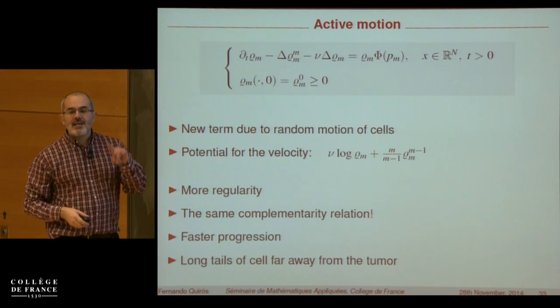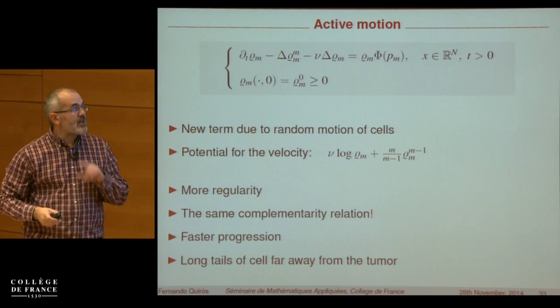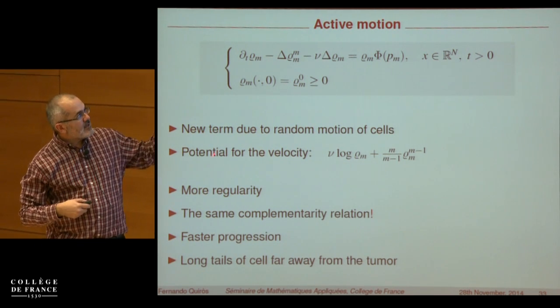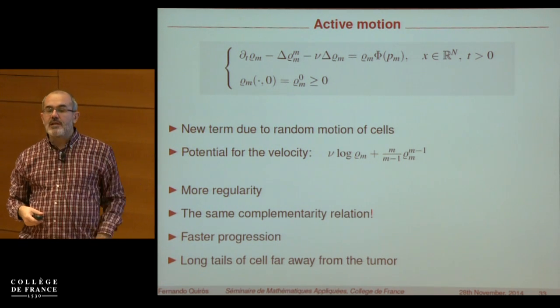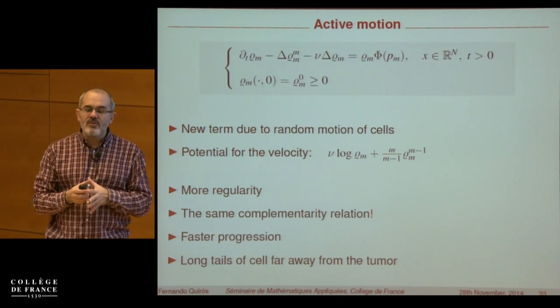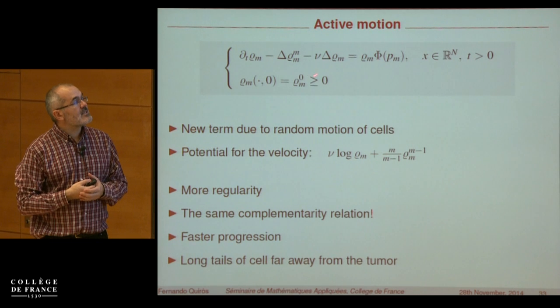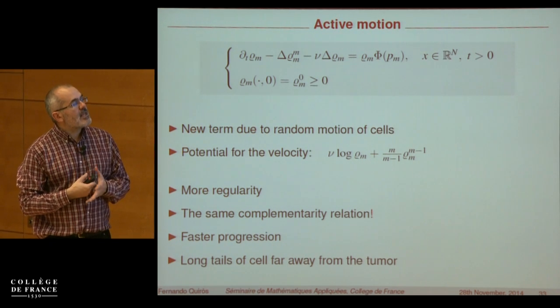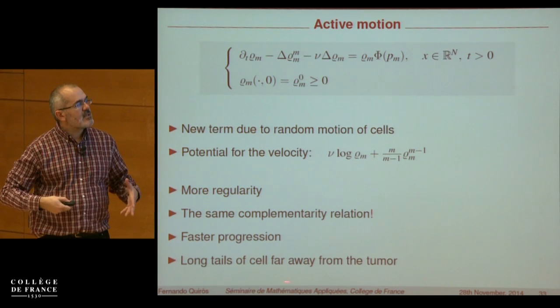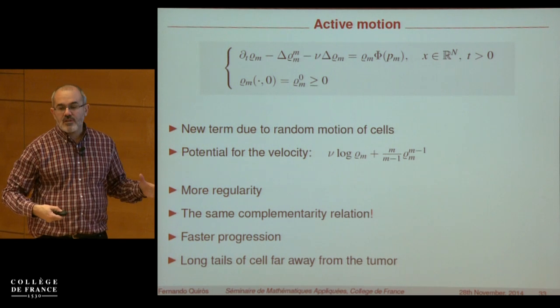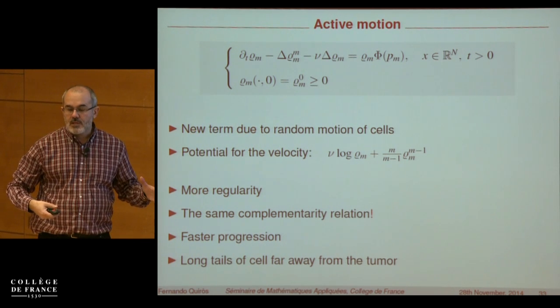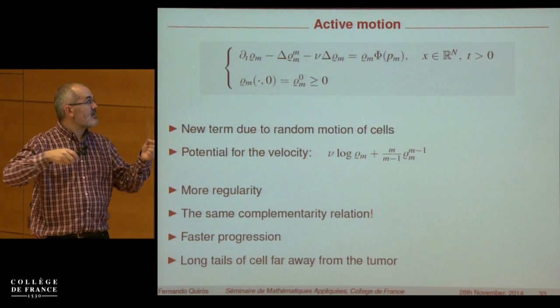That does not mean that it doesn't have an effect. First of all, it gives you more regularity, but second of all, the tumor evolves faster because this diffusion term gives long tails for the density far away from the tumor.